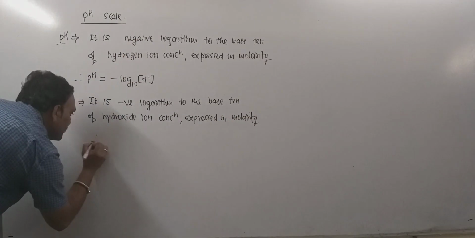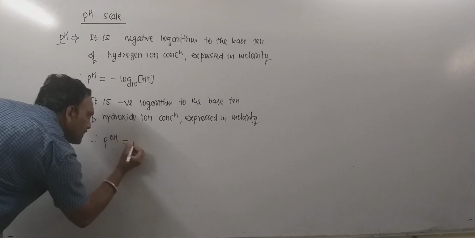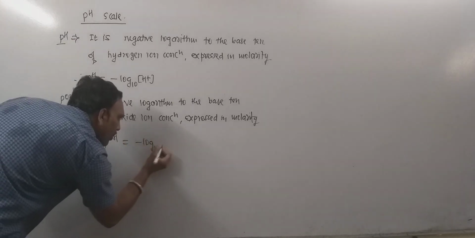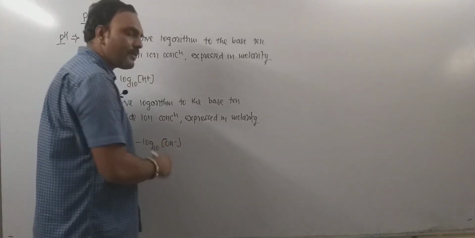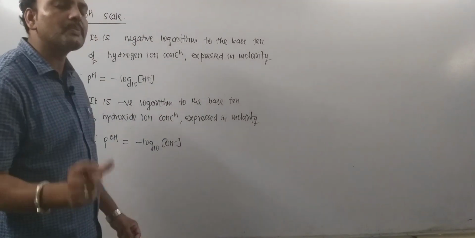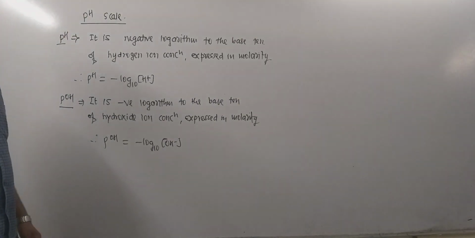So mathematically this can be given as pOH is equal to negative log base 10 concentration of OH minus, and remember the OH minus concentration must be expressed in molarities.